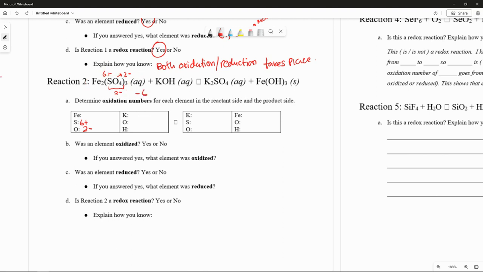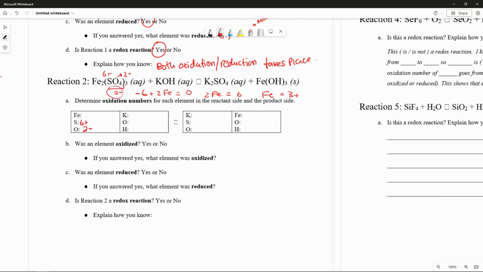That means we have to do something to this to make it 0. So we have two iron molecules in front. So 2 times Fe has to equal 0. So 2Fe equals 6, and therefore 1Fe equals 3 plus.